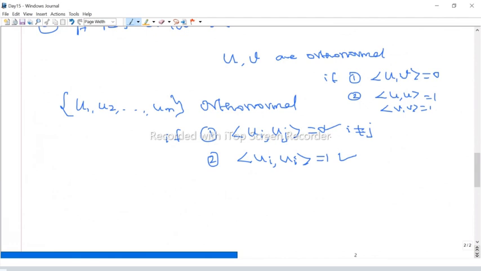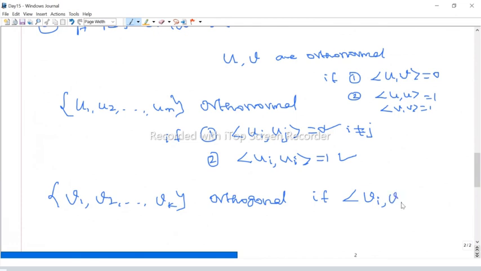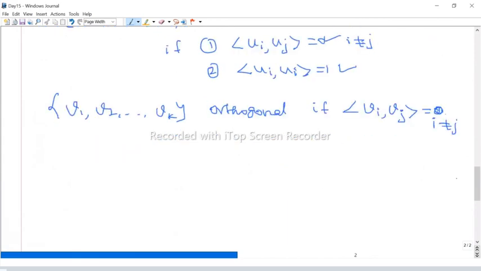So we can write here: suppose we have a set of vectors v1, v2, up to vk. It is said to be orthogonal if you take any two different vectors vi and vj, the inner product is 0 for i not equal to j.